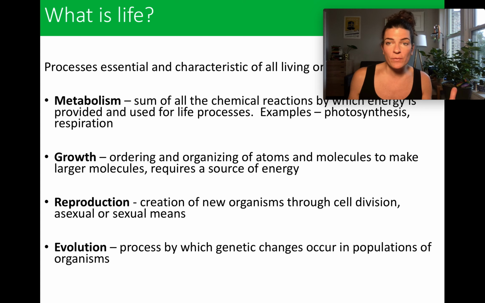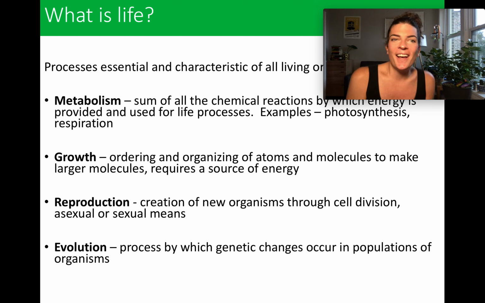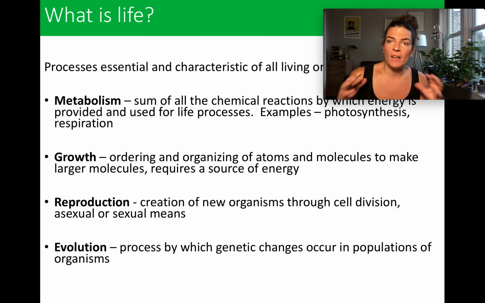Ways in which plants, for example, metabolize is that they use a process known as photosynthesis, where they take carbon dioxide and nutrients from the soil and sunlight and water, and they combine those to do the same things, right, that are required of all living things, which is live and grow and reproduce, which are the remaining essential characteristics of things that are alive.